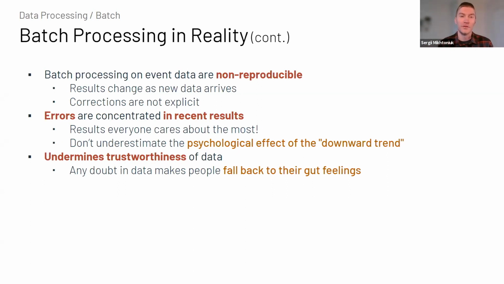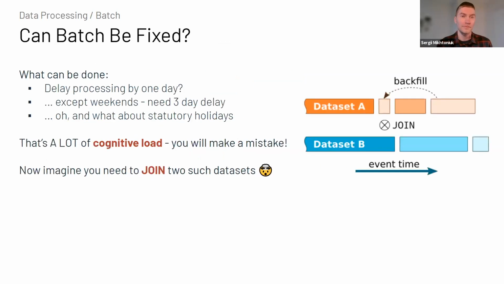And if you try to explain this nuance or these errors in data to a politician, I think all it's going to end up doing is undermine the trustworthiness of data. Because any slightest doubt in data is going to swing people back to their gut feelings, to making decisions based on what they perceive the situation to be, not on data. And this is the opposite, I think, of what we want to do.